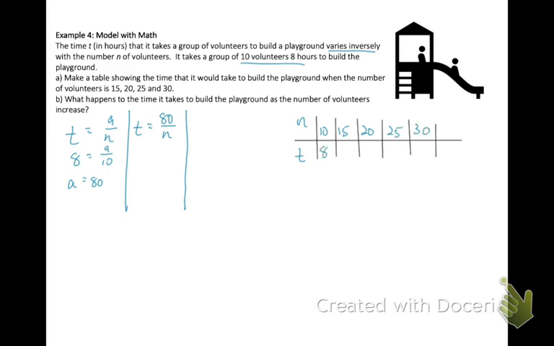So plugging in 10 to our equation, t will equal 80 divided by 10, which gives us 8. 80 divided by 15, that's 5 1/3. I put it in a fraction just to help us with time.